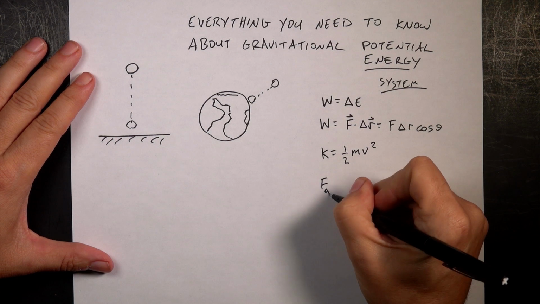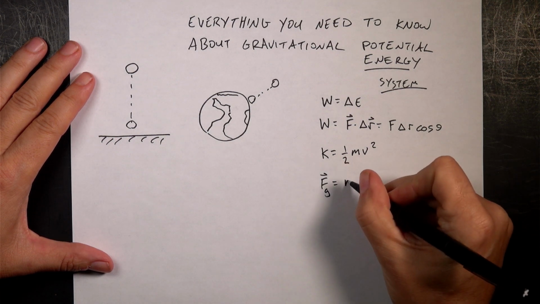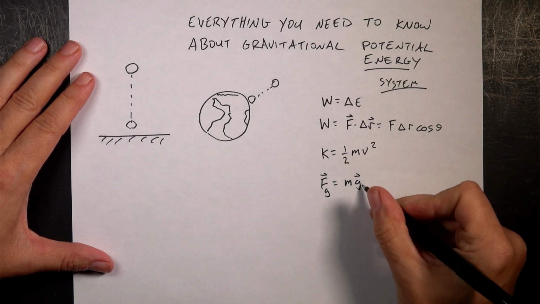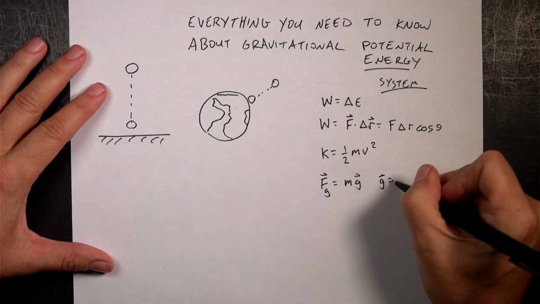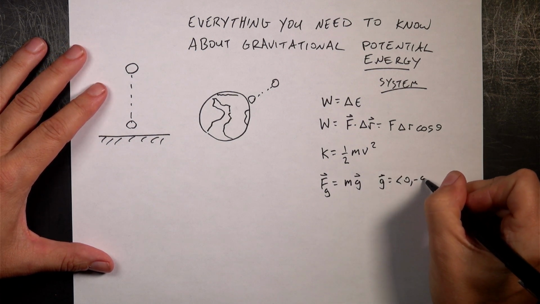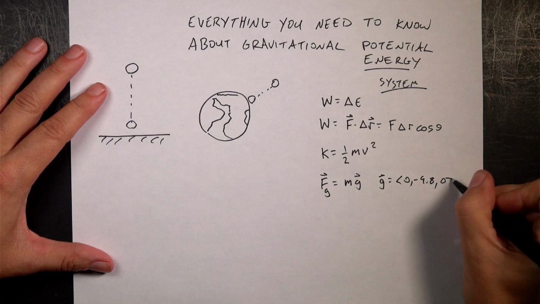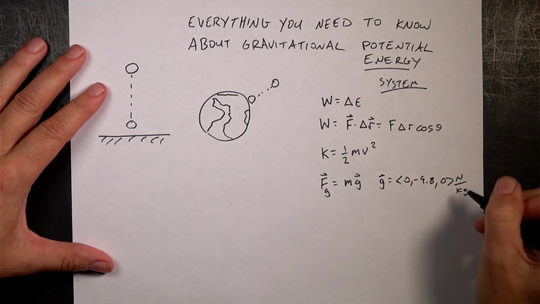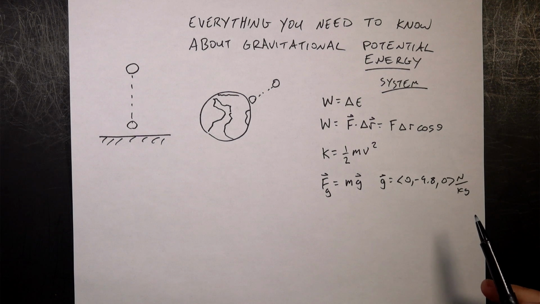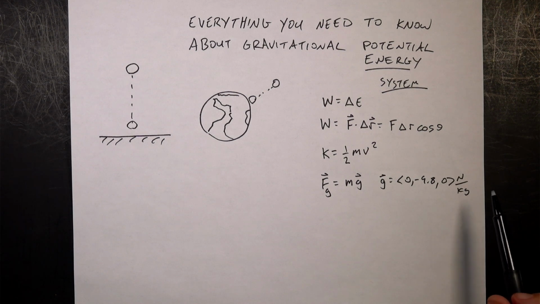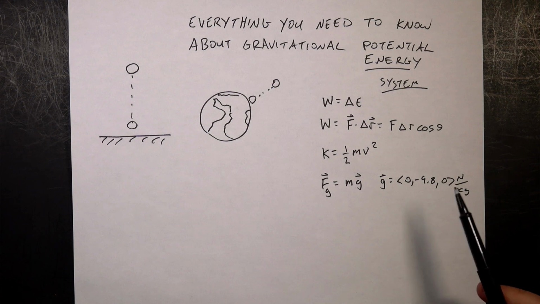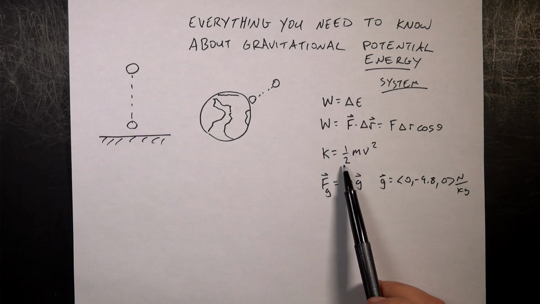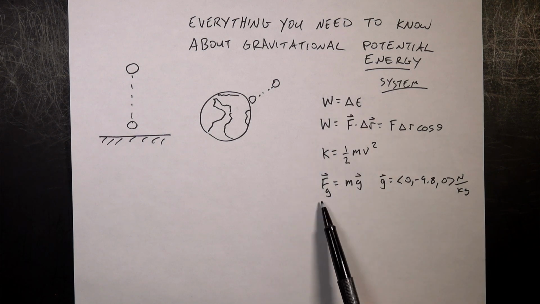F, I'll call it Fg, equals mg, where g is the gravitational field on the surface of the Earth, and it has a value of g equals -9.80 newtons per kilogram. Yes, that's the same thing as meters per second squared, but I like to say newtons per kilogram because it's a gravitational field. Okay. So that's work, that's energy, this is a change in energy, and that's the force.